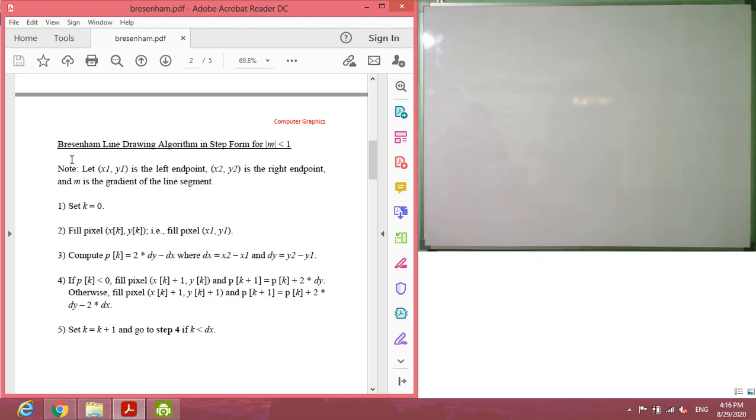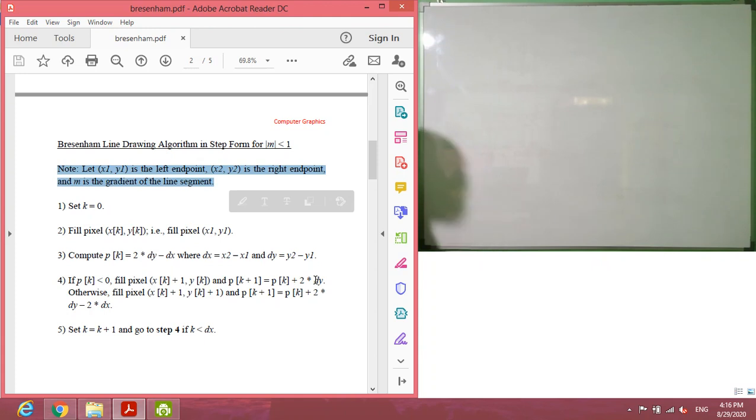Now here is the Bresenham line drawing algorithm in step form for absolute value of m less than 1. Okay, so let's try to understand that.